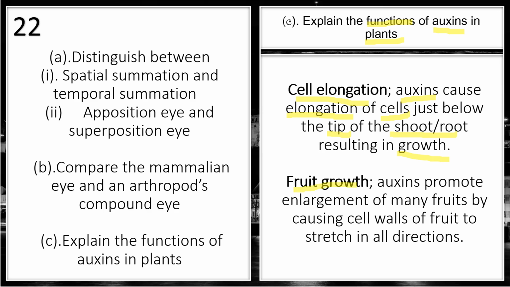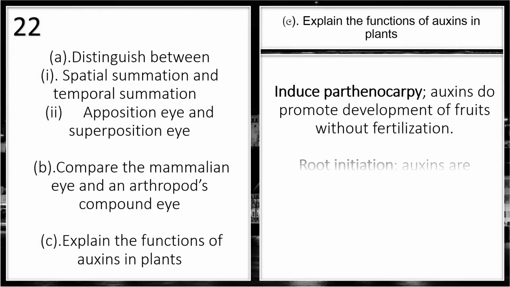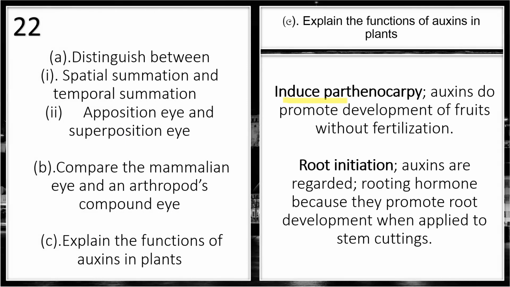Fruit growth. The auxins promote the enlargement of many fruits by causing cell walls of the fruits to stretch in all directions. They induce parthenocarpy.